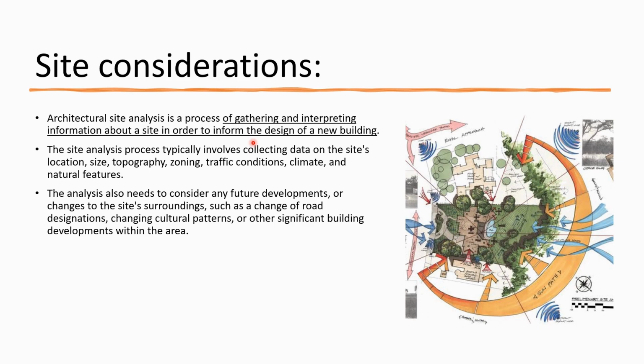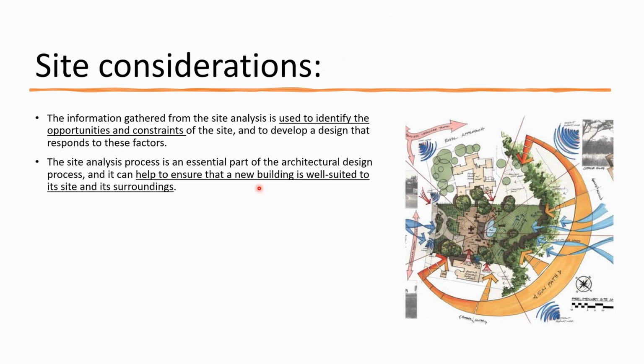The analysis needs to consider any future development or changes to the site surroundings, such as a change of road designation, changing cultural patterns, or other significant building development within the area. Information gathered from the site analysis is used to identify the opportunities and constraints of the site and helps us develop a design that responds to these factors.